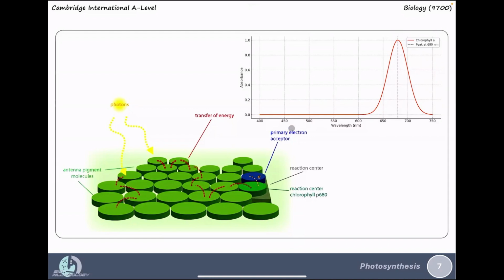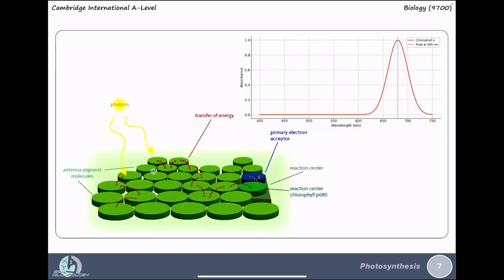Therefore, plants need accessory pigments, such as other types of chlorophyll, chlorophyll B, xanthophyll, and carotenoids, to absorb light at different wavelengths, but they can't act as a reaction center. They are not primary pigments; they are accessory pigments that help in this case.